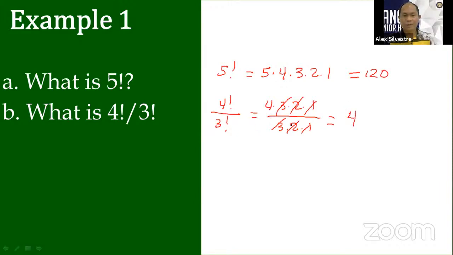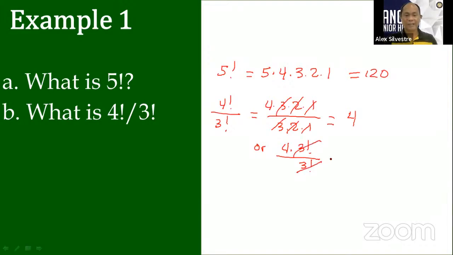Remember, guys, the technique there is: you can start with 4 factorial, represented as 4 times. Since the denominator is 3 factorial, you can stop at the number 3 and indicate the factorial, then the 3 factorial in the denominator, and then you can cancel.